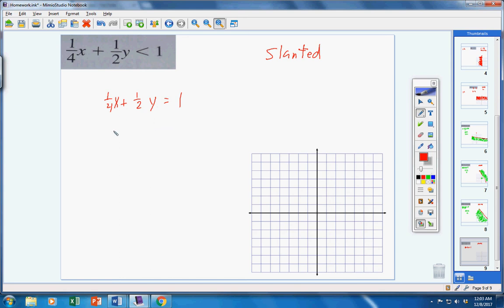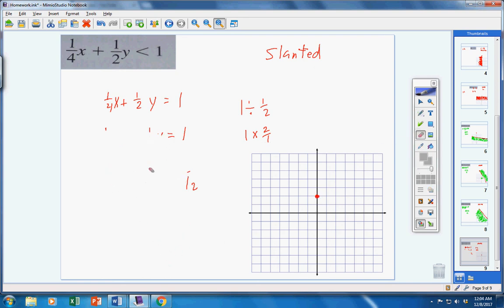Now, when the x is, we'll substitute a 0. 1/4 times 0 is 0 plus 1/2 y is 1/2 y. Now be careful here. Your 1/2s cancel. 1 divided by 1/2 is 2. 1 divided by 1/2 is the same thing as 1 times 2 over 1, which is 2. So your y-intercept would be 2.